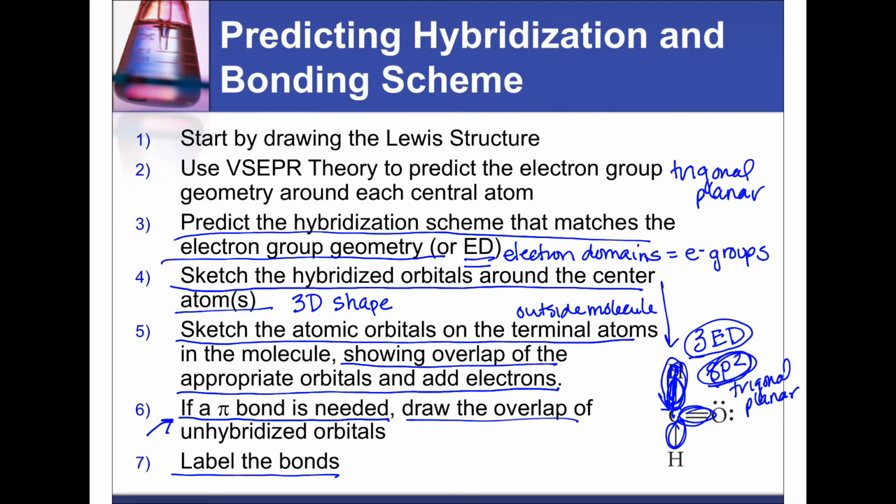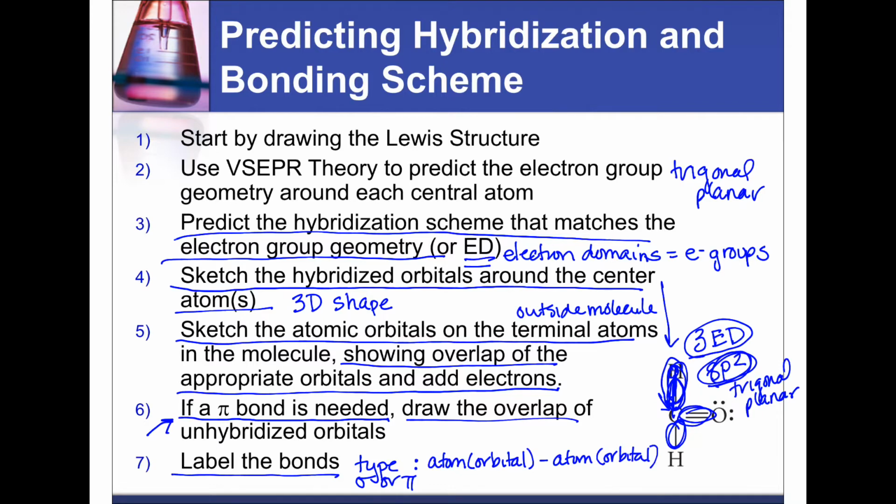When we label bonds, we always label it with the type. So our choices there are sigma or pi. And then we put a colon, and then we put the atom and which orbital it used. Then we use a hyphen, and we do another atom, with the orbital it used.